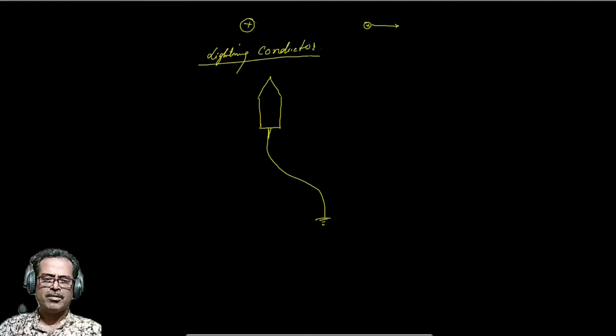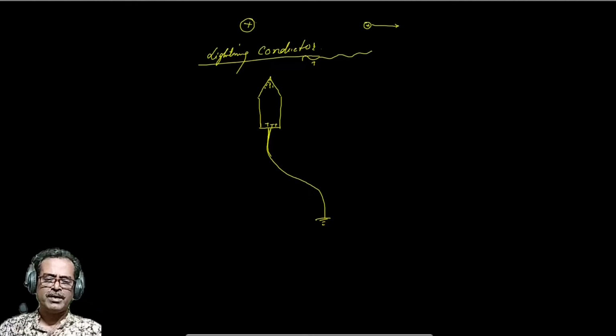Now, when the cloud, which is charged, comes nearer to it, this charged cloud creates a vector electrostatic field surrounding the Earth, and if the cloud is positive, then electrons of the conductor accumulate at the tip, and the positive charge is earthed by the earthed conductor.